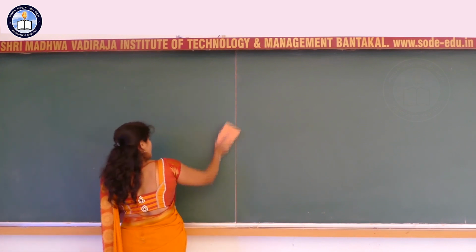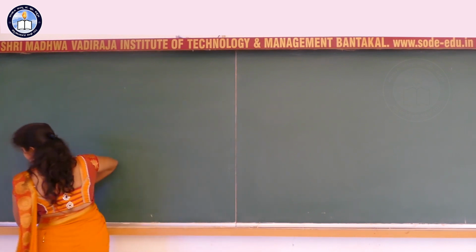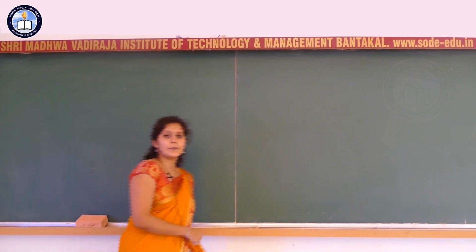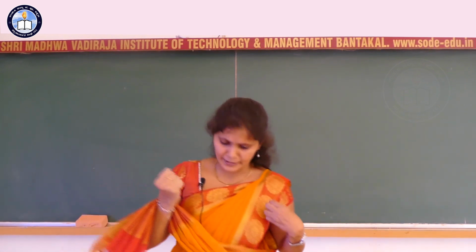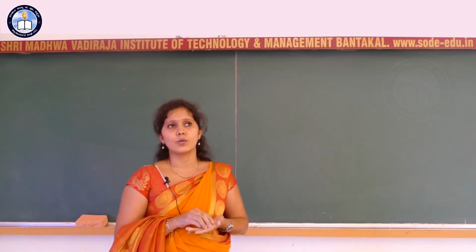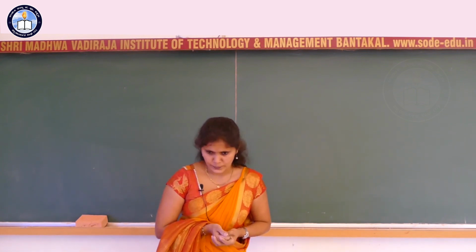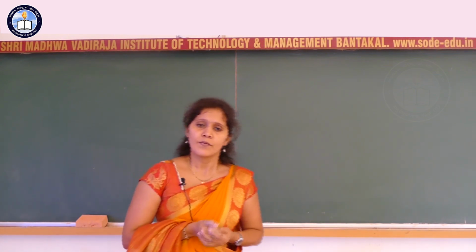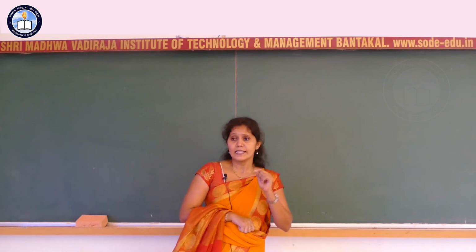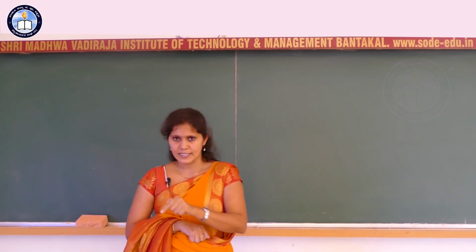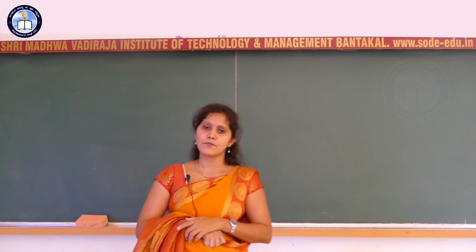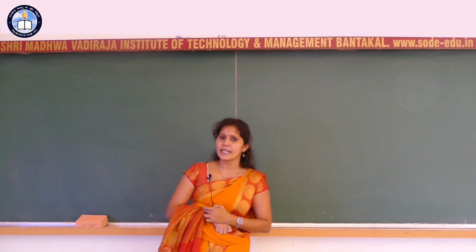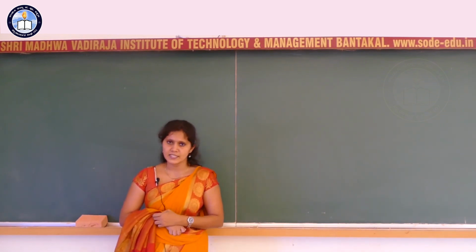So till now we have completed the slope intercept form, y is equal to mx plus c, the slope point formula, y minus y1 is equal to m into x minus x1, the two-point formula, y minus y1 is equal to y2 minus y1 divided by x2 minus x1 into x minus x1, and the intercept formula, that is x divided by a plus y divided by b is equal to 1.